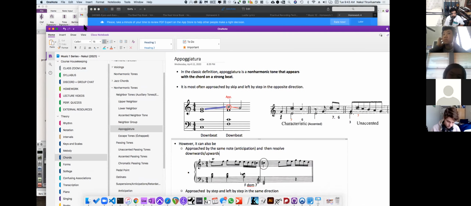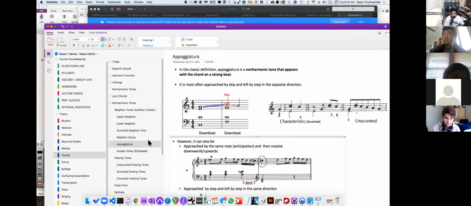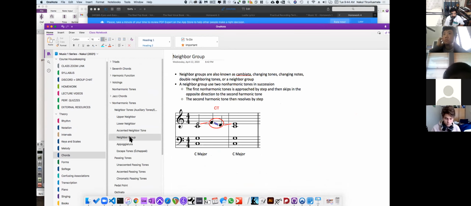Okay. There's a name for this kind of situation, a neighbor group, because you have the upper neighbor and then you have the lower neighbor. You can also call them double neighbors, because you have both neighbor notes in order.